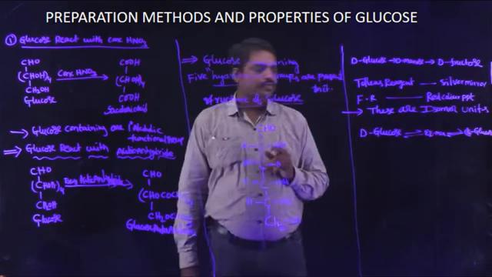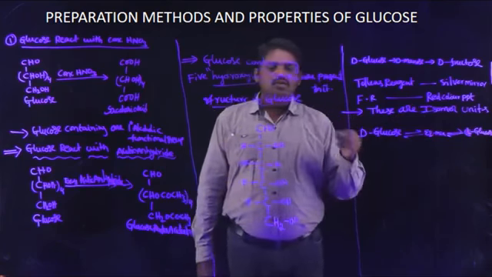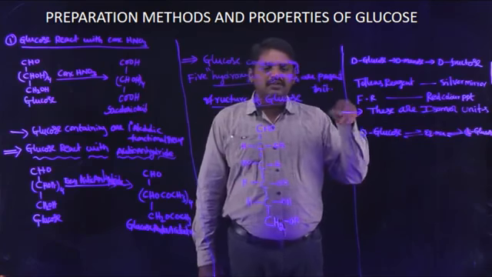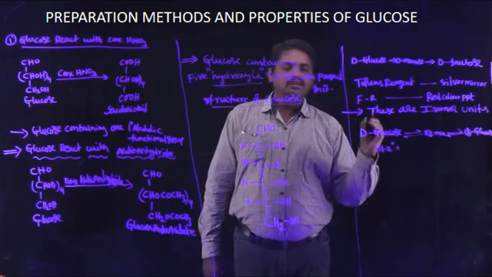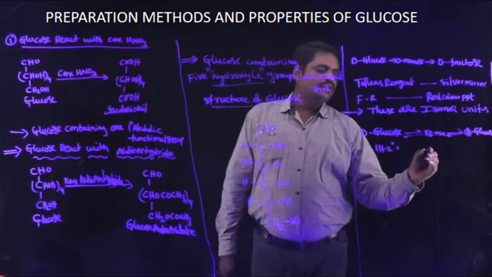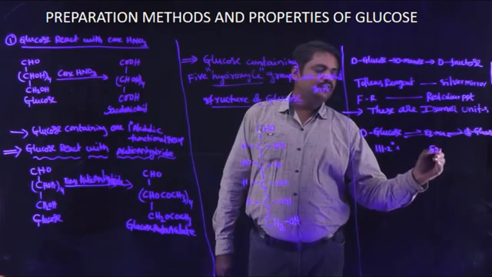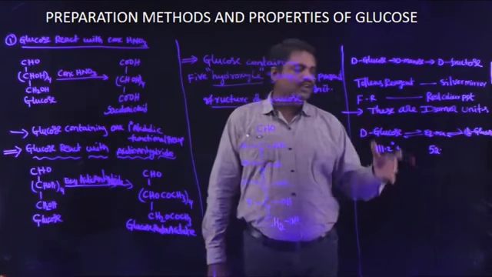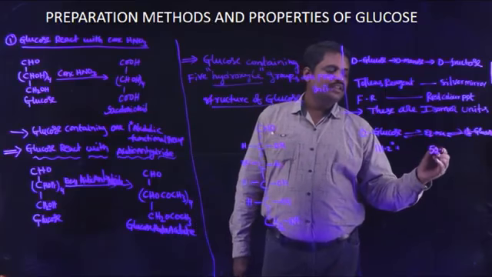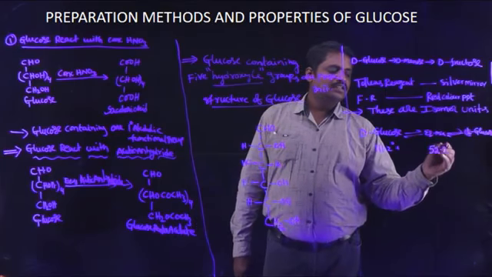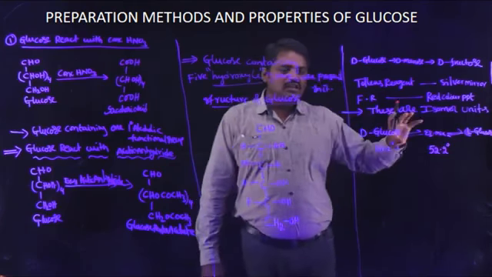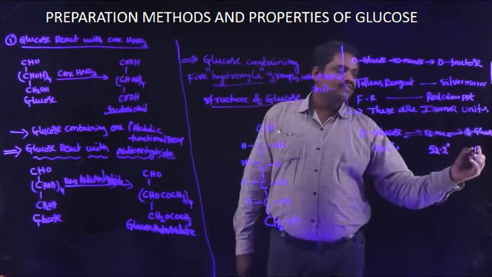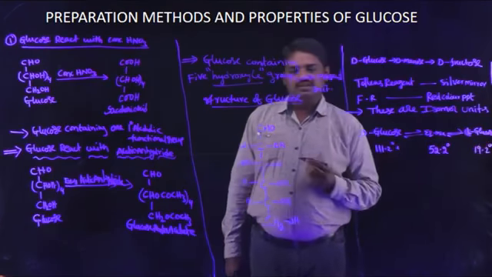The D-glucose observed in the presence of water rotates at 111.2 degrees, and after some time, as it dissolves in water 50%, it is converted to 52.2 degrees, and the total rotation changes; it is converted to 19.2 degrees.